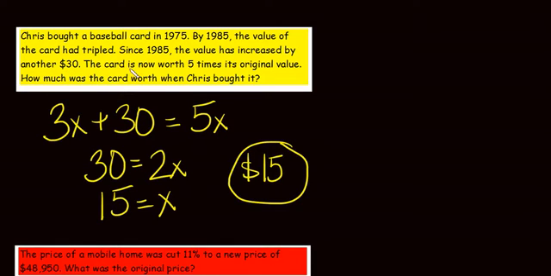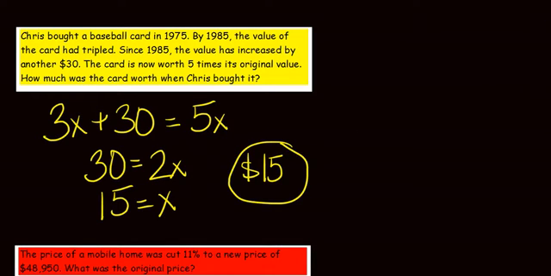And when it says the card is now worth 5 times, I know it's now equal to 5 times what it originally cost, which was my X. So now I have my equation, and I can use my algebra skills by putting my variables on the same side and my constants on the same side and solving for X. And when I do that, I figure out that the original cost of his card was $15.